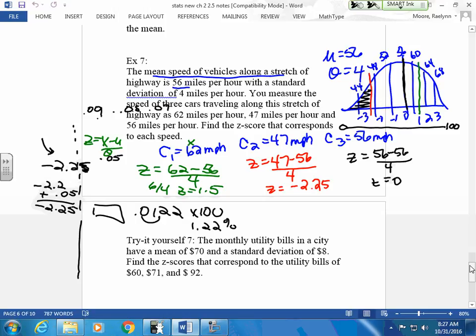What's the area for 0? Look at the 0.00. Look at the positive side. It's the first one on the list. Which would be what? 50%. And isn't that half of my data? I'm at the mean. Isn't it halfway through? 50%.